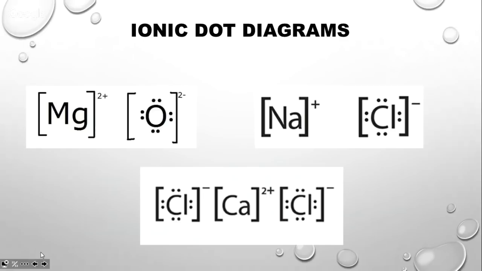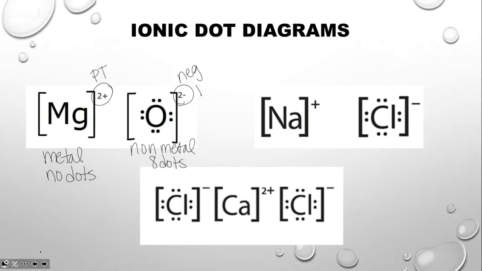We talk about ionic dot diagrams. We did go through a whole process to make sure that we knew why and where these electrons were coming from. But basically, when you do ionic dot diagrams for the final answer, you're going to take the metal in brackets with no dots, and you're going to take the charge, that's the oxidation number on the periodic table. Your nonmetal will have 8 dots, will also have its negative charge from the periodic table.